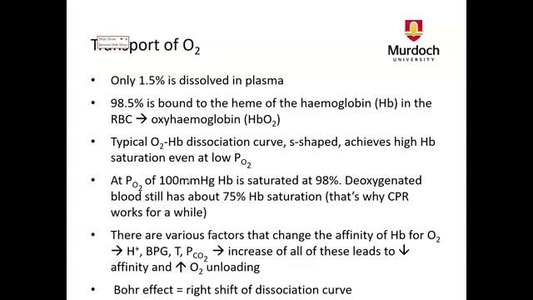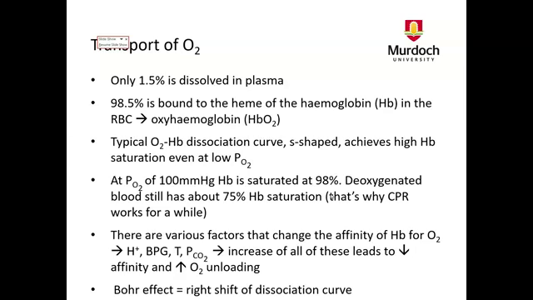So as we said before, in the alveoli we roughly have a partial pressure of oxygen of about 100, and that means our hemoglobin is saturated 98%. That's what you see when you put an oximeter on. Now deoxygenated blood still has a lot of oxygen hanging onto the hemoglobin, about 75%.